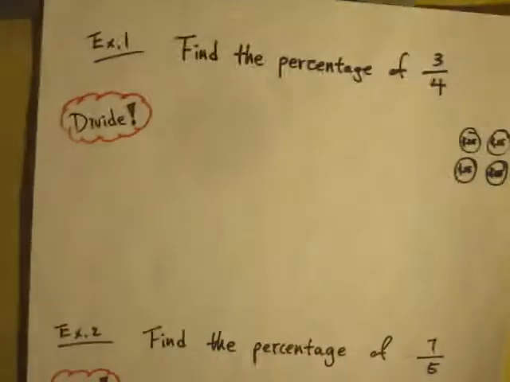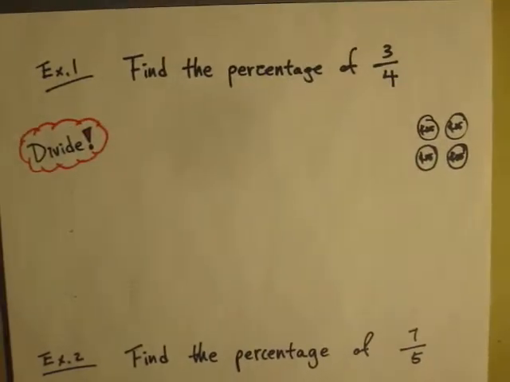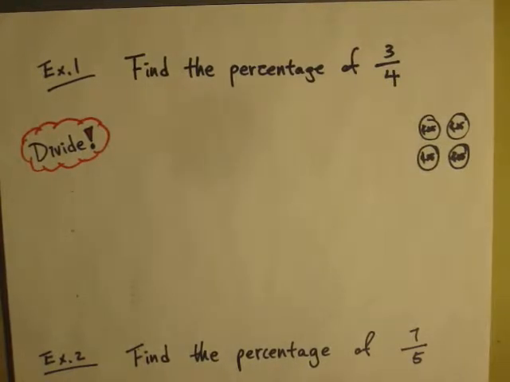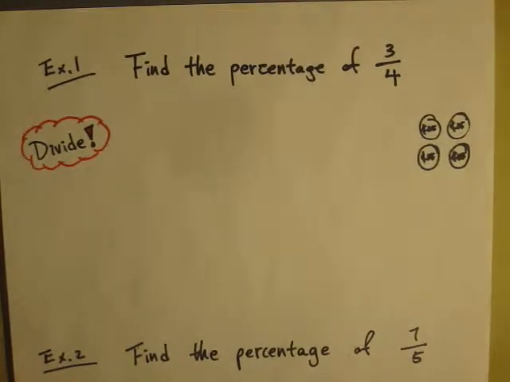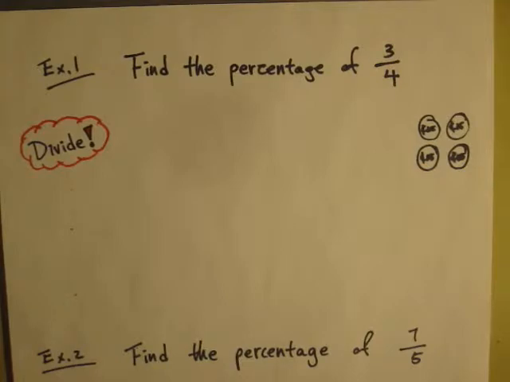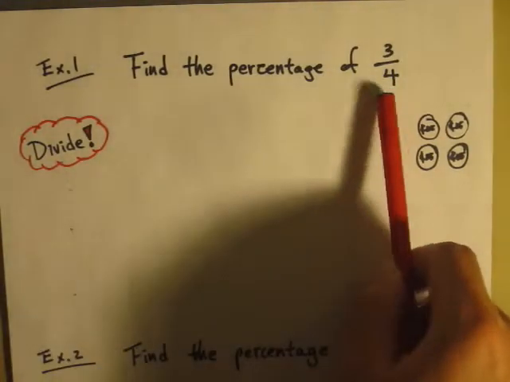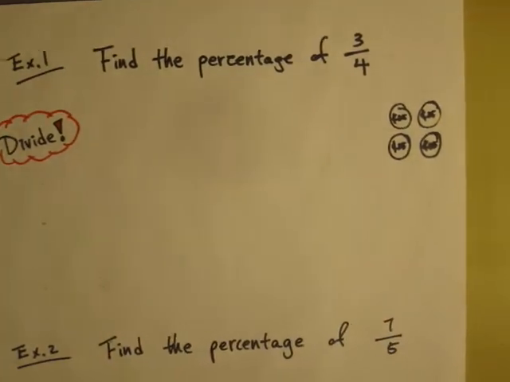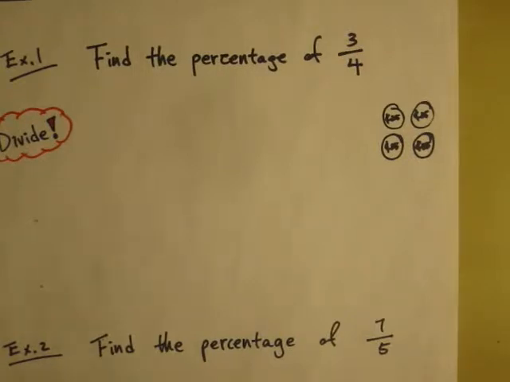Let's look at our first two examples. Our first example relates to our first goal, finding the percentage in a fraction. The question asks you to find the percentage of 3 over 4. Before I even do the math, let's make sure we make sense of the problem. A very concrete problem to start with is, if I have $1 and I need to break it down into quarters, I would make 4 quarters into $1.